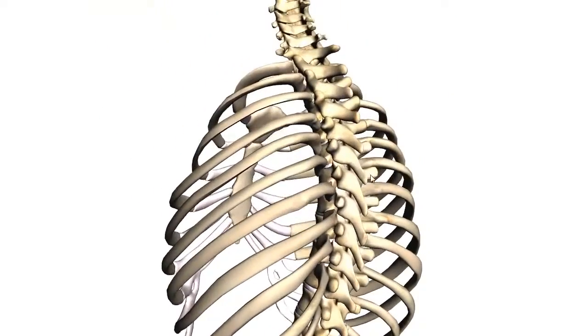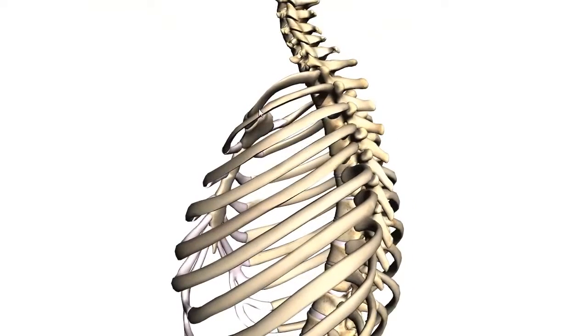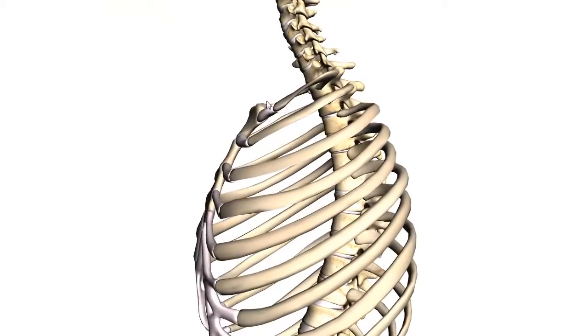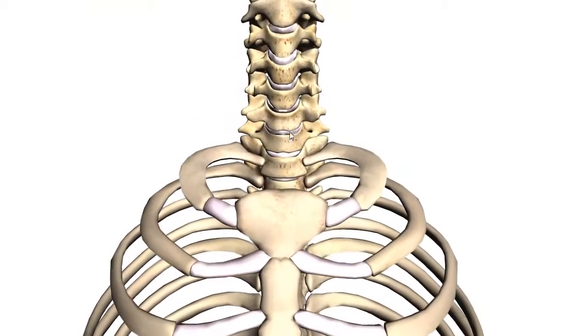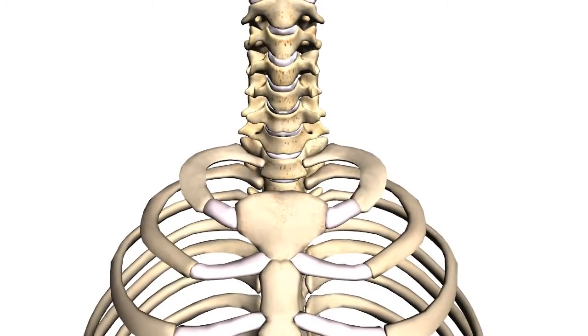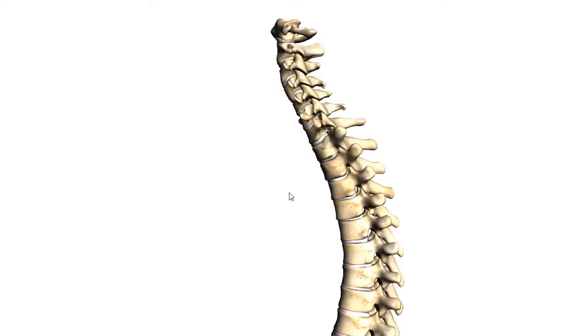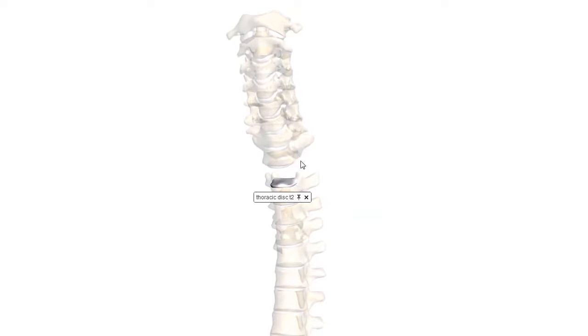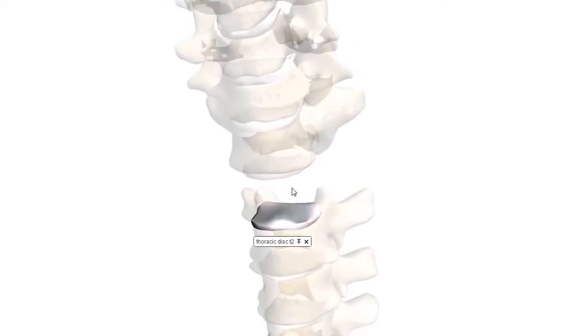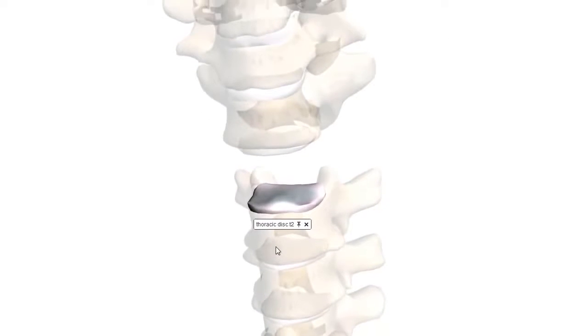So in between each vertebra, you've got an intervertebral disc, and the function of the intervertebral disc is really to absorb shock. So I'll just take a look at one of those a bit closer. So here you can just zoom in a bit. This is an intervertebral disc.